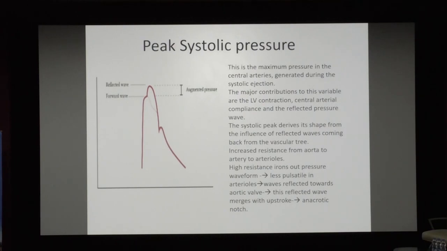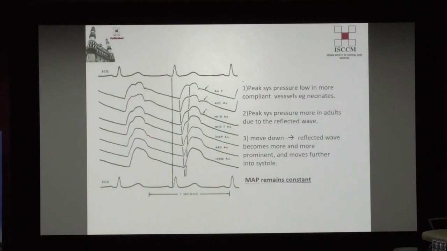Now, as the aortic wave travels from up to down, there is an increase in the resistance in the vessels, and this causes some amount of reflected waves that come from the peripheries to the central. So you can see that in the aorta, the reflected waves come a bit late.